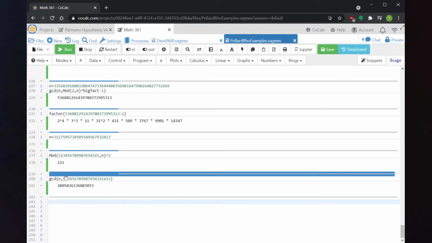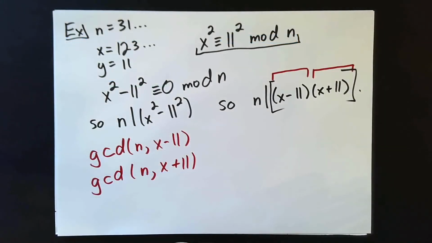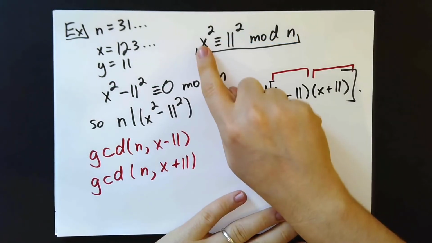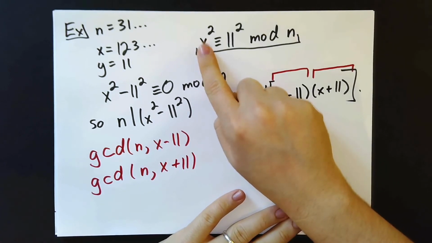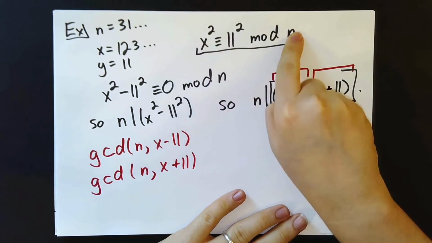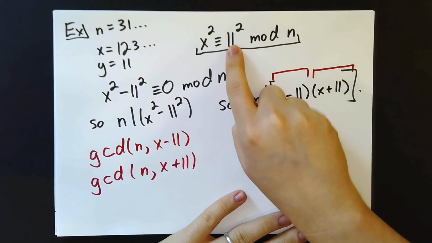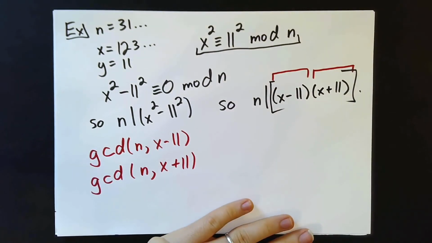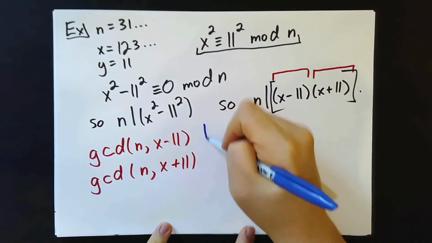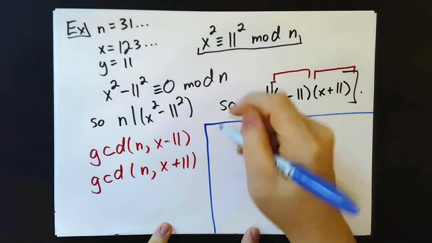I'll leave it to you to check that both of these factors I've listed are in fact prime factors of n. So this is all sort of magical, and was based on the fact that I observed that if I took this particular x and squared it mod n, I got something that was readily observed to be the same as 11 squared mod n. But here's the general version of Fermat factoring.